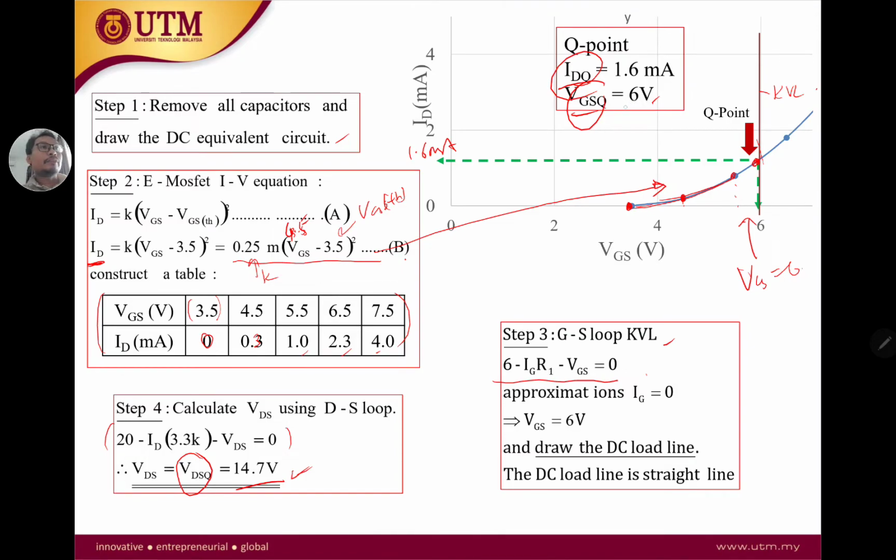At VGS, VD sat is VGS minus VT. So this is 6 minus 3.5 equals 2.5. So we can see that our VDSQ is greater than VDSAT, therefore it's in saturation.